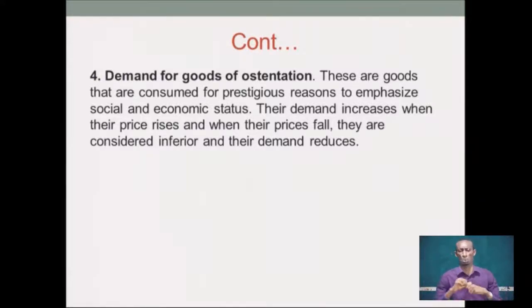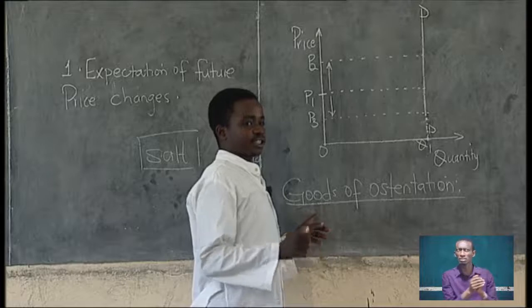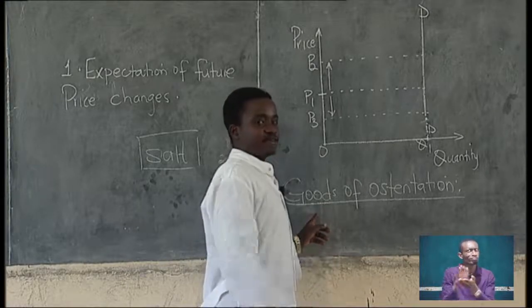These are luxury goods consumed by rich people to emphasize social and economic status. So in this case, the demand for these goods will increase when prices increase. The increase in price for these goods will increase their demand.